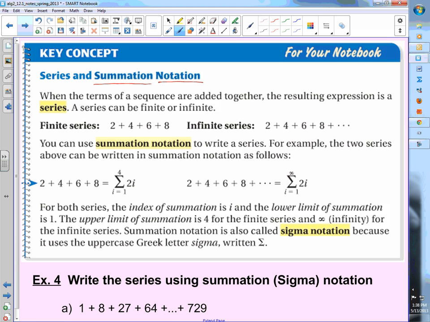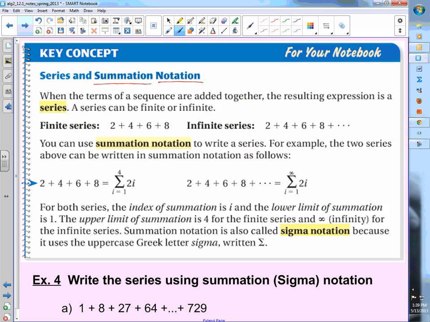So you see they have the sigma. You'll have a variable on the bottom. That variable in this case is i equals, and then it'll be a number. And on the top, there'll be another number. The variable can be anything, but whatever variable is on the bottom will appear in this little formula out here. So if this is i equals 1 and this is 2i, you're going to start by plugging in a 1 for i.